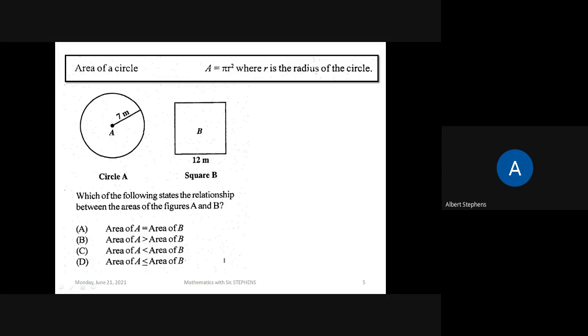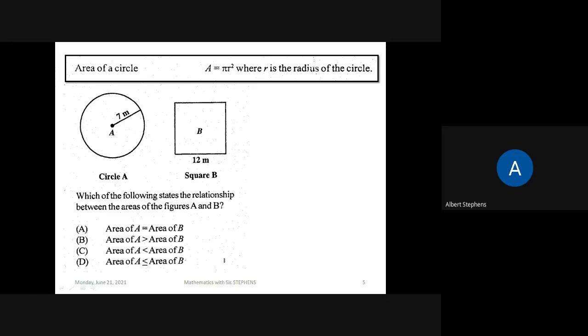Can someone tell me what the question is asking us to do, or what you think they're asking us to do? When it says area of A is equal to area of B, what are they talking about? They want us to show which of those responses are true, not true.